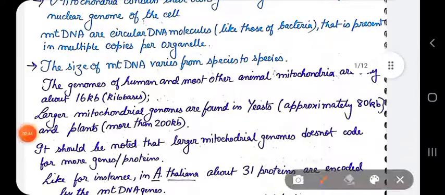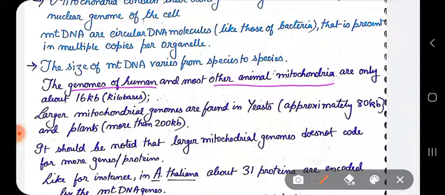It varies. For instance, the genome of human and most other animal mitochondria has only 16 kilobases, whereas larger mitochondrial genomes are found in yeast, approximately 80 kb, and in plants, more than 200 kb.